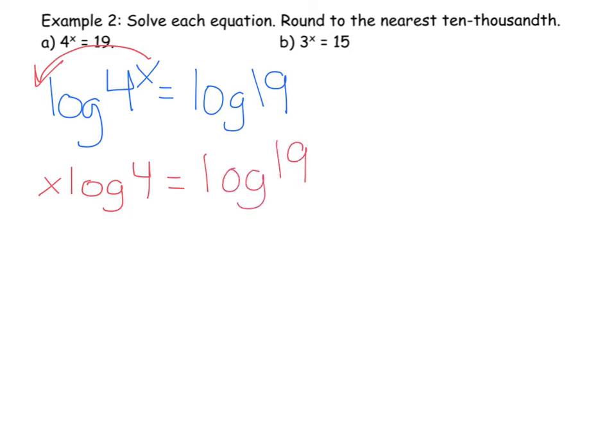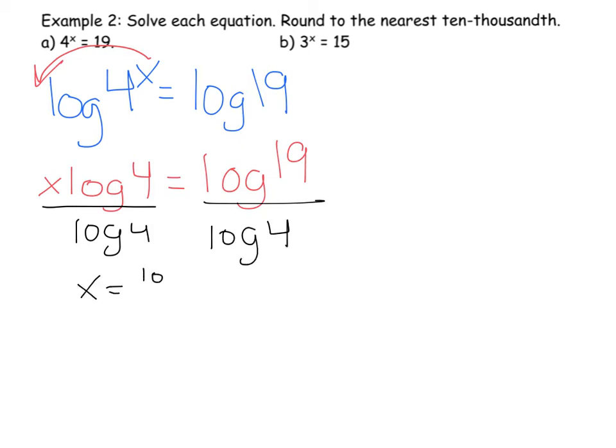And now we want to think, how do we get that x by itself? Well, I can divide both sides by log 4 so that the x is completely alone. So now we have x equals log 19 over log 4. And that's something that I can actually put directly into my calculator. And that's going to end up giving me 2.123963757.